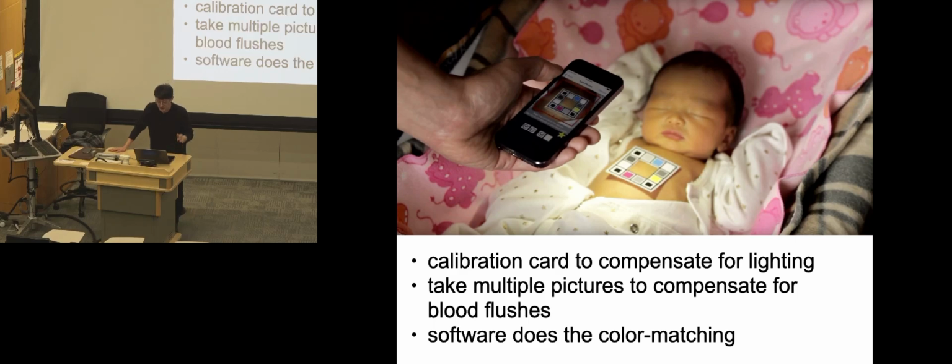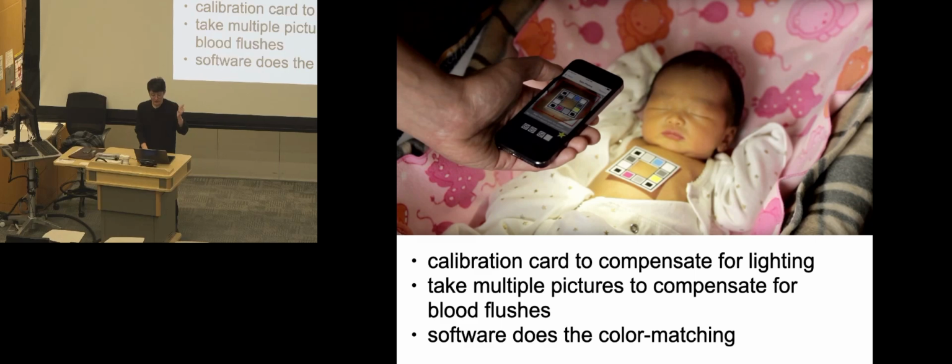So basically, what we did is put a color calibration card onto the baby, and then take pictures at various different heights under various different light levels, with a controlled light source. Then we do the color analysis to see how yellow or greenish the baby's skin is, and interpolate the bilirubin level in their blood.